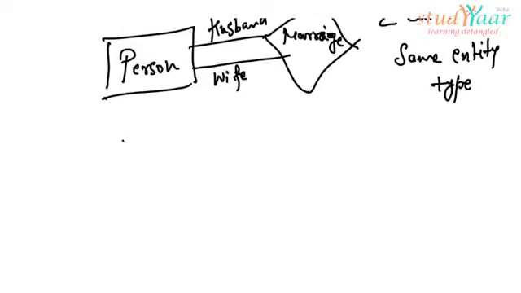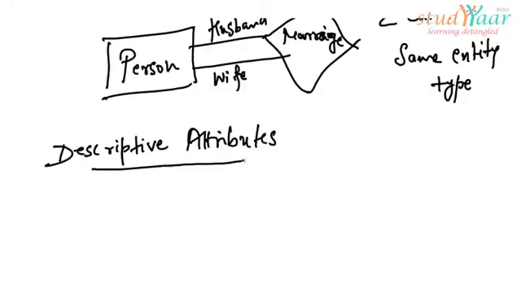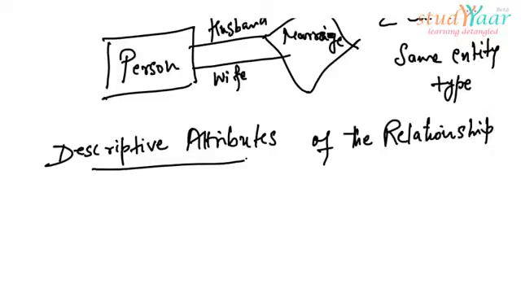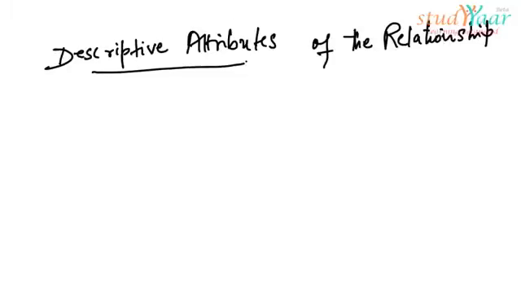Now we'll take a look at descriptive attributes. Descriptive attributes are the attributes of the relationship. Okay. There may be some attributes which are not actually characterizing the entity, but are characterizing the relationship. Let's revisit our example.